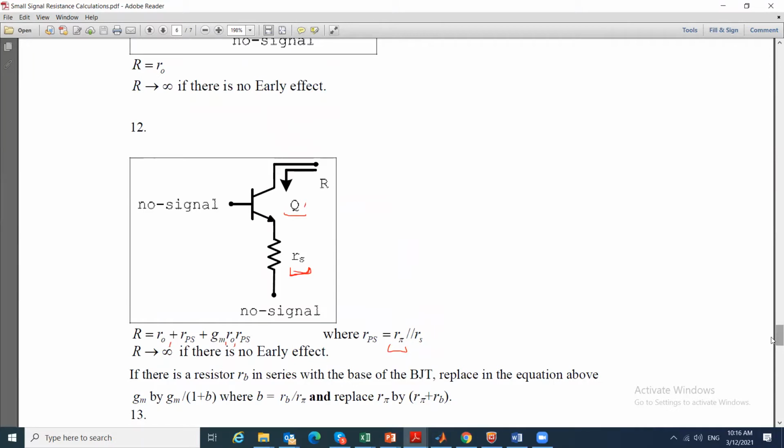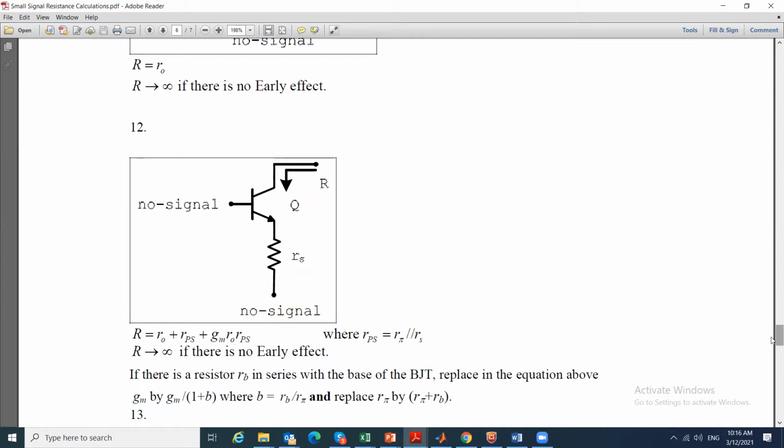So always the top transistor where you are looking from, its GM, its RO, its R pi kick in into the equation, and the lower transistor or the lower circuit, what kicks in from it is only the RS. Okay, so that's what we need to remember in the BJT.